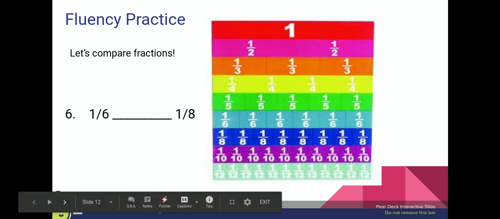Number 6, 1/6 is blank to 1/8. Number 7, 1/6 is blank to 1/5. And number 8, 1/5 is blank to 1/10.